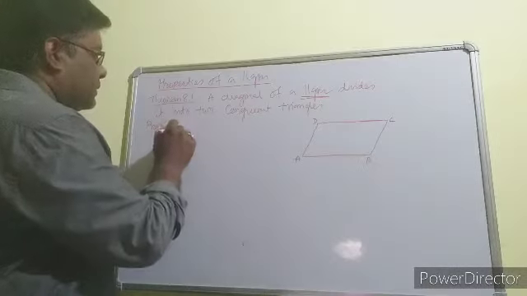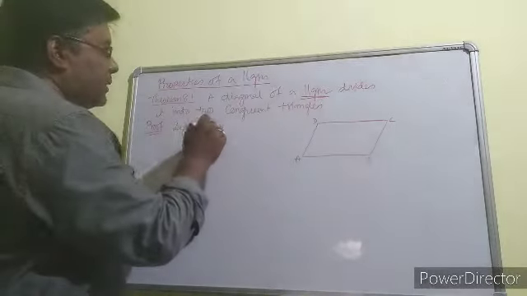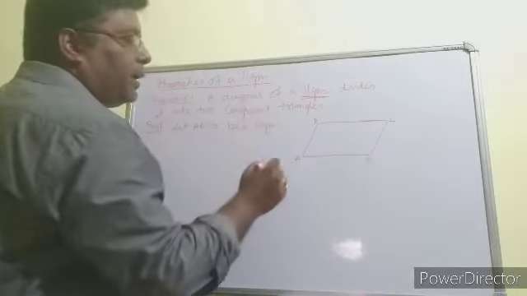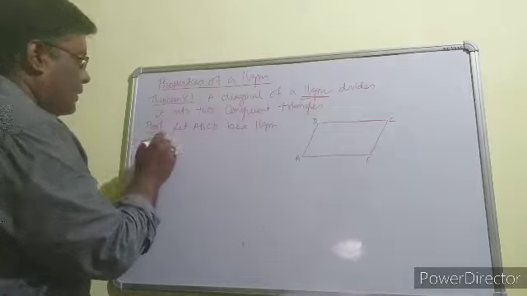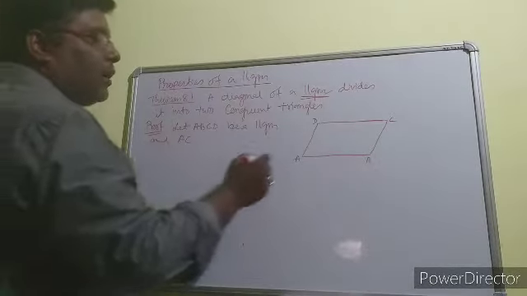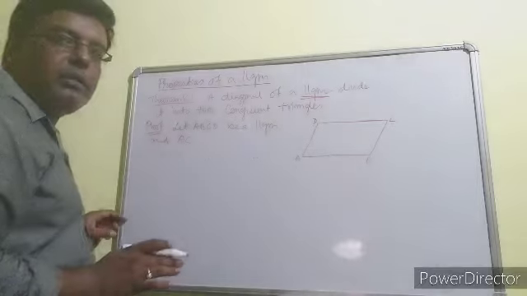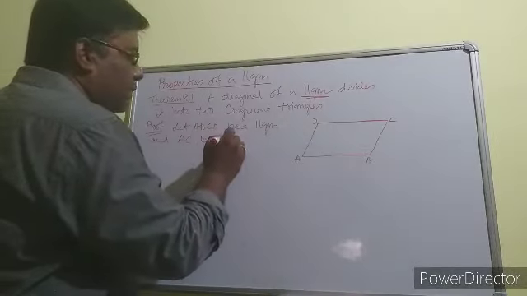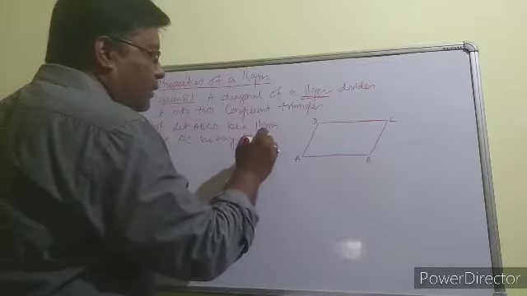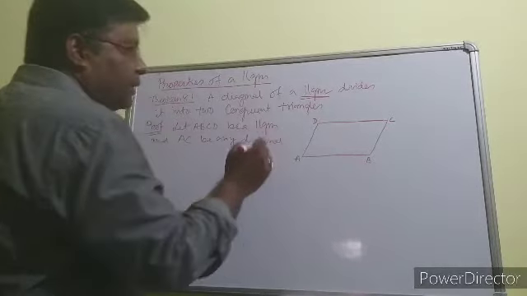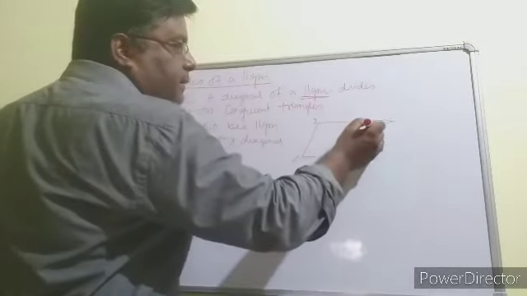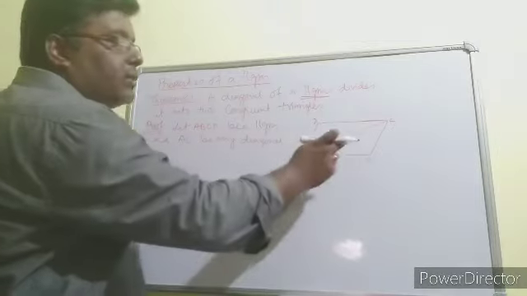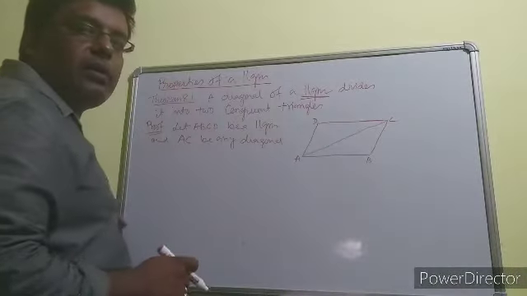Let ABCD be a parallelogram, and AC or BD, you may draw any one. Let AC be any diagonal. So we draw this AC. Now you have to show that these two triangles are congruent.